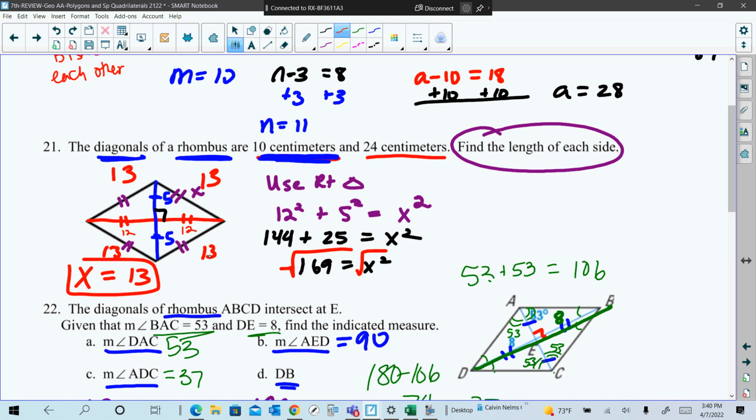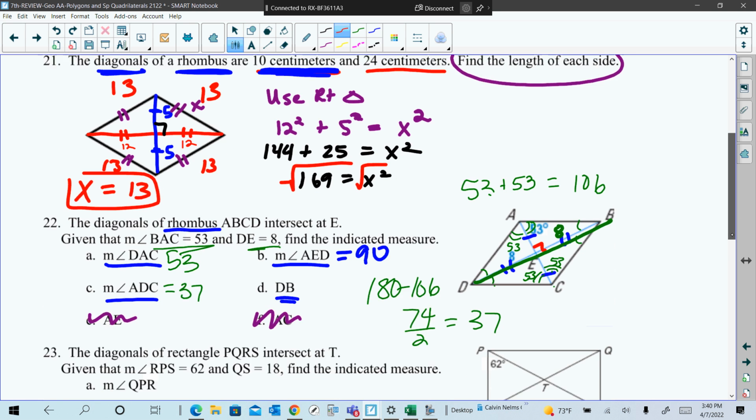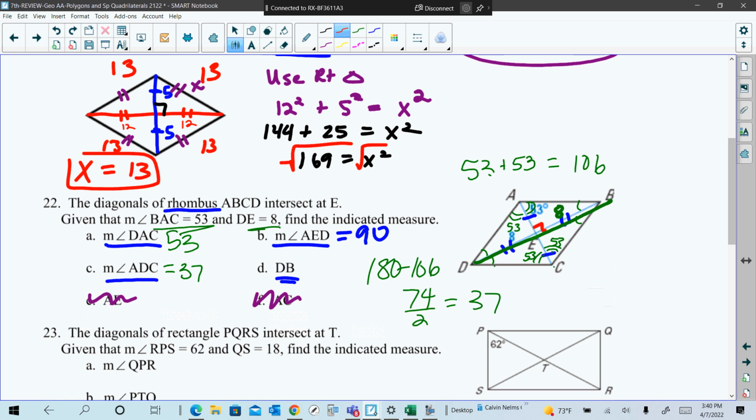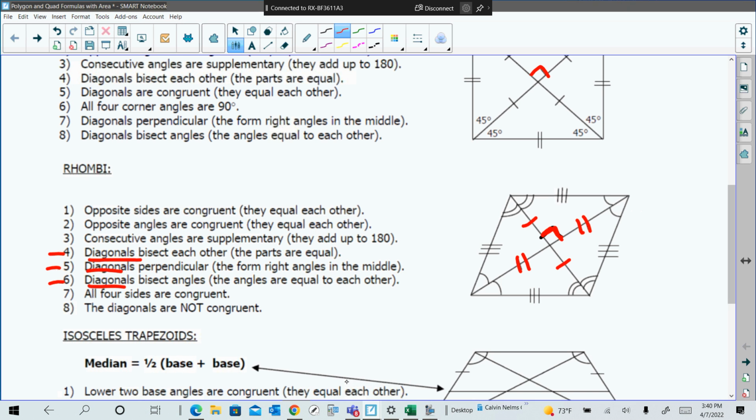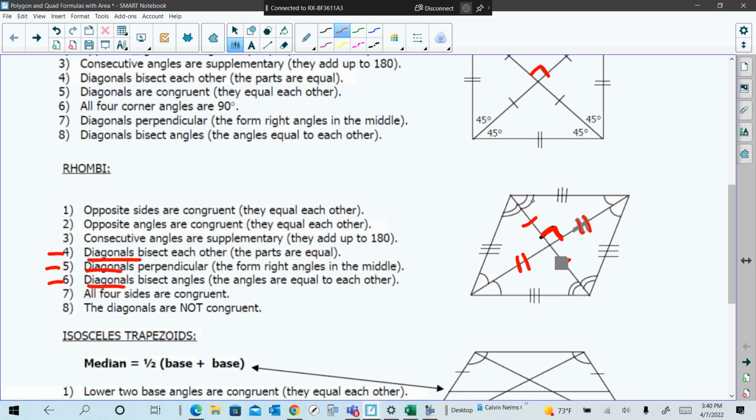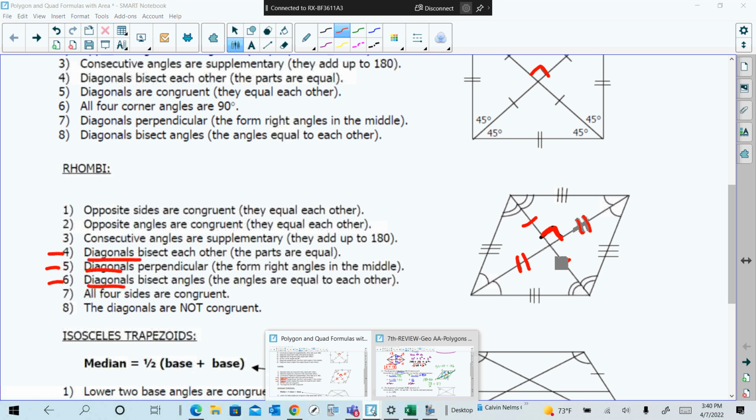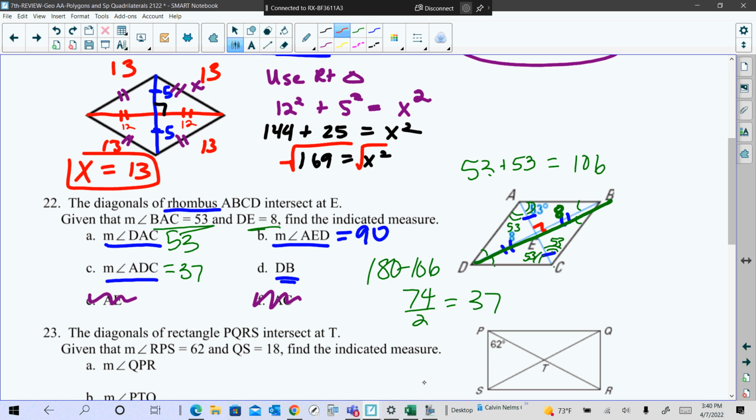Now, on 22, I went ahead and marked it, just like I have the markings here on the rhombus, with the angles and with the segment. So I just made my interior match my summary sheet. And then I could see I had to fill in each angle measure. So DAC, D to A to C, we look inside in between the two sides here, was 53.